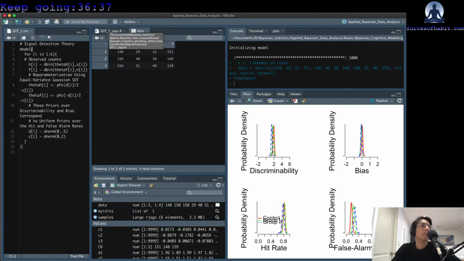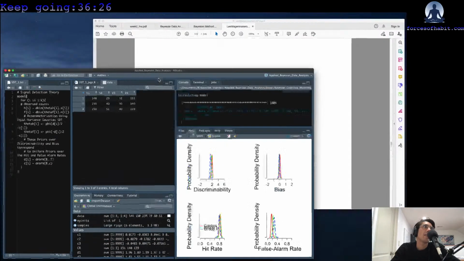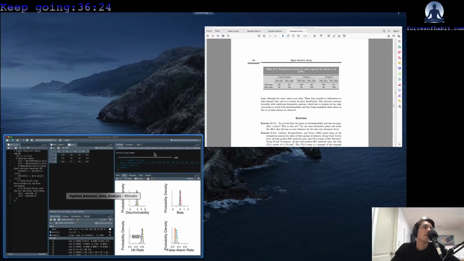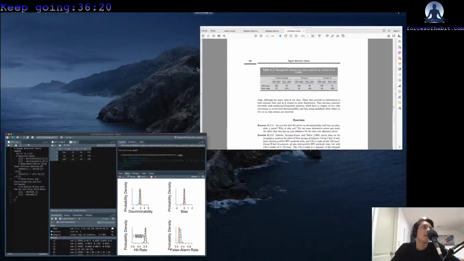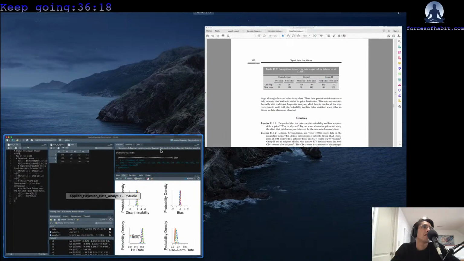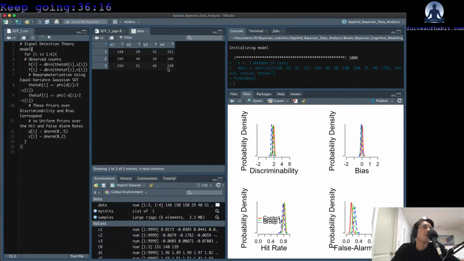Or they would be the same. I have no subject information here. I don't know where these values come from. So in terms of correctly identifying the old odor, we've got these 3 rates, and then correctly identifying the new odor, we have these rates, and then we have these rates for not correctly identifying one, and instead identifying the other.